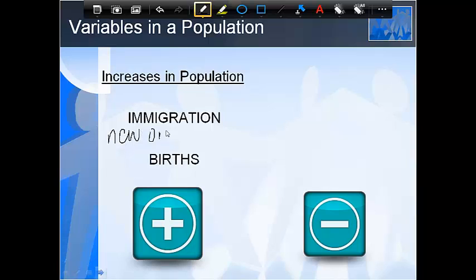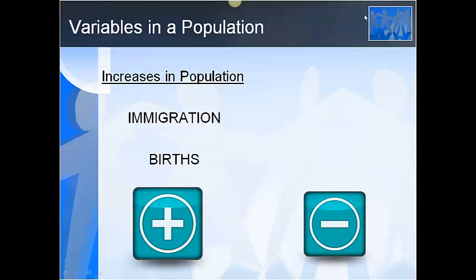New organisms moving in. And births is pretty self-explanatory. So the organisms that are already there are having new births or reproducing. On the opposite side of that are the things that can decrease the population.